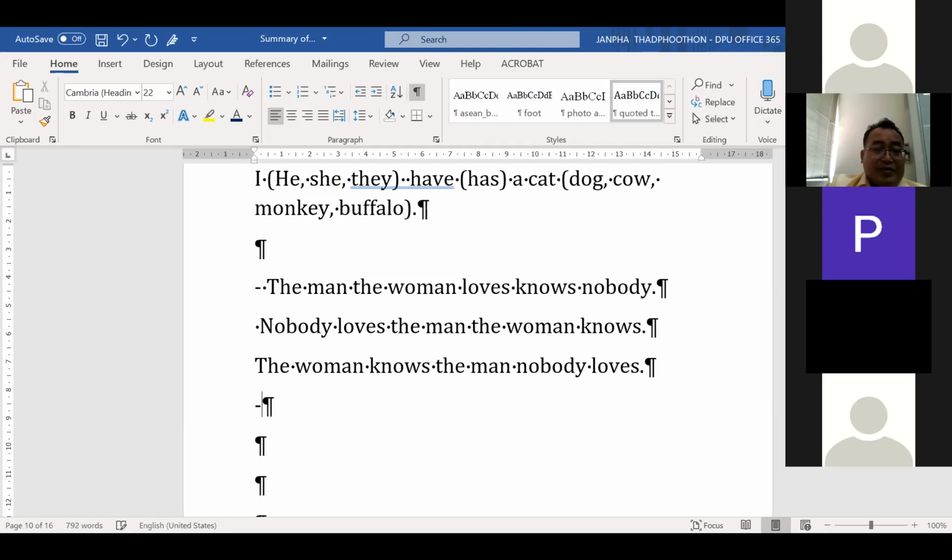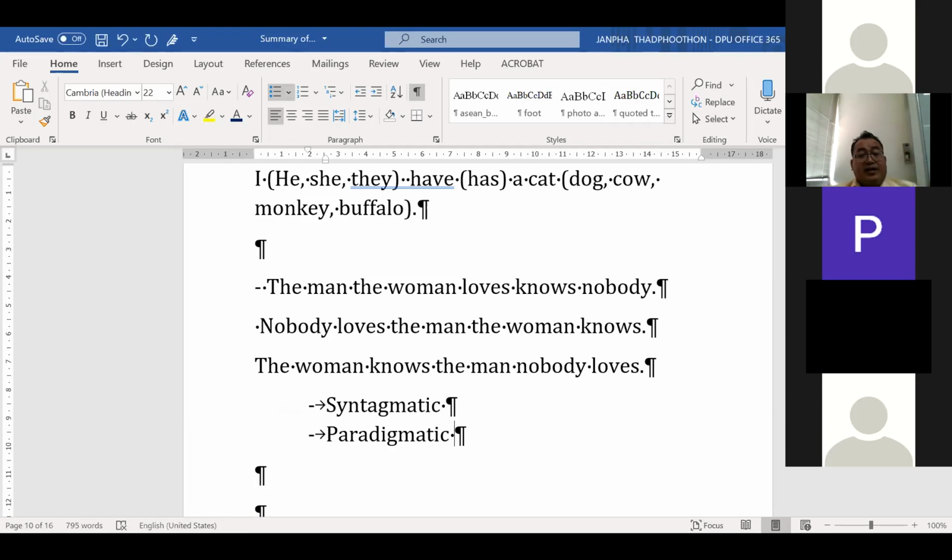So just to sum up, there are two systems: syntagmatic and paradigmatic organization. Syntagmatic is about the combination of signs. Paradigmatic is about the replacement of signs.